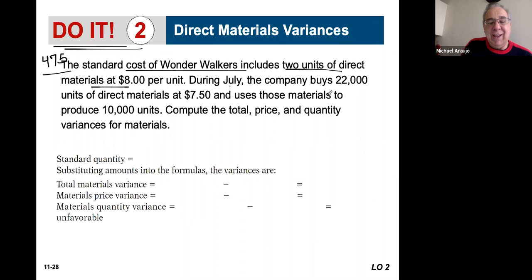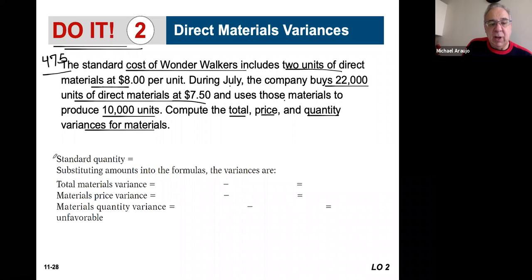During July, the company buys 22,000 units of direct material at $7.50, and they use those materials to produce 10,000 units. So compute the total, the price, and the quantity variance for material.